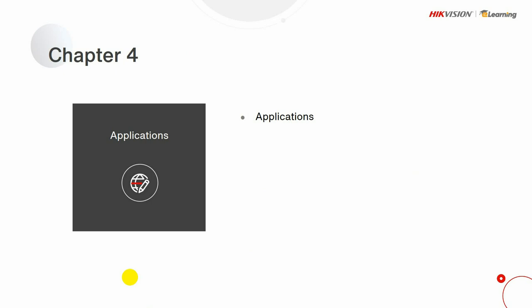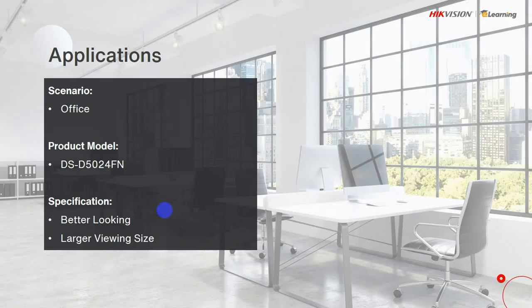And for the last part, we will have an overview. We will have a look at the application scenarios of our monitor products. So first will be in the office. We can use our Soho series product, right? For example, the DSD5024FN series, which has a better look and a larger viewing angle of 178 degrees vertically and horizontally, right?